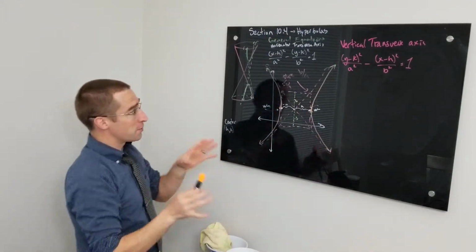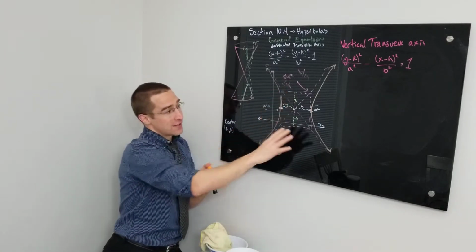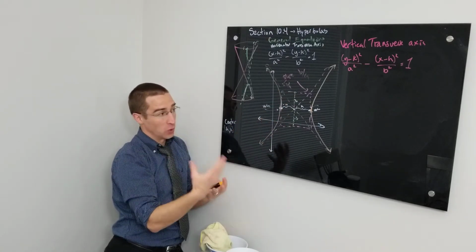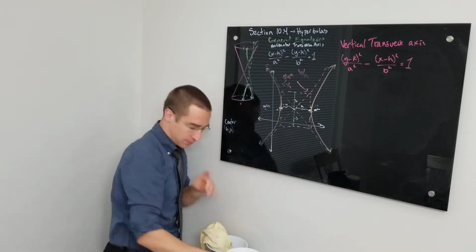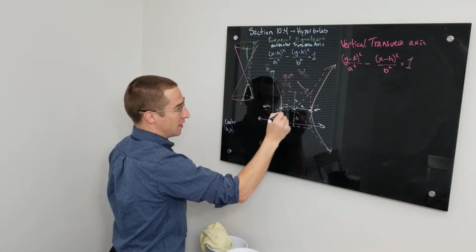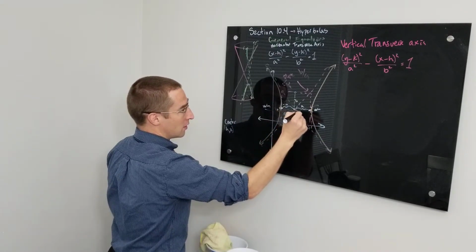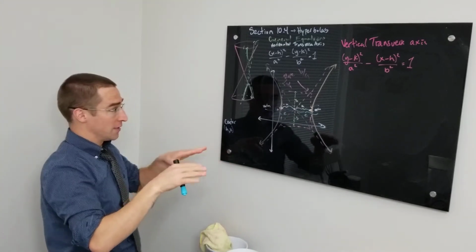So the orange part is actually the only part of the graph. The rest of this with the dashed lines and everything, that's all our work that we're doing. So the last thing to do is to put the foci on there. The foci are a distance of c away from the center along the transverse axis.